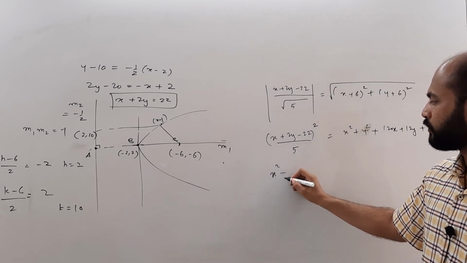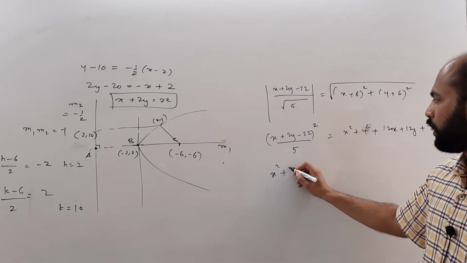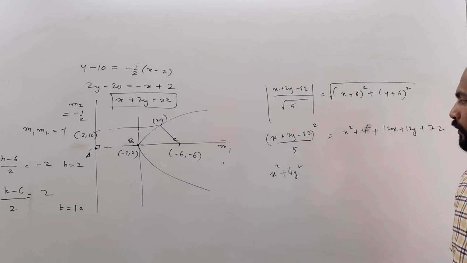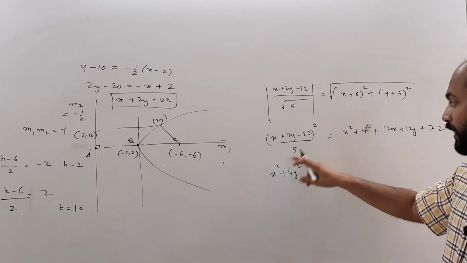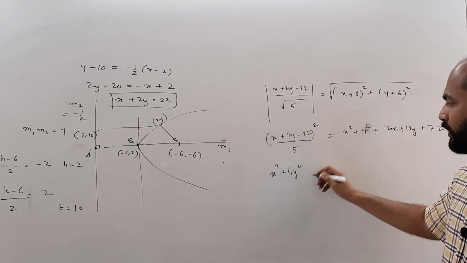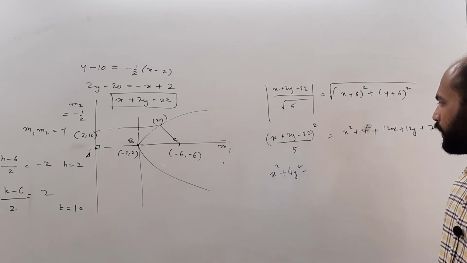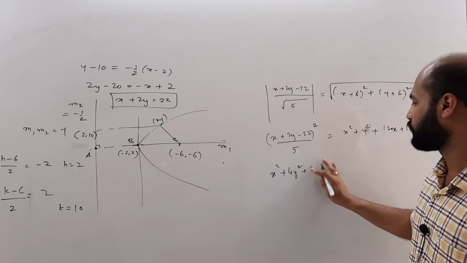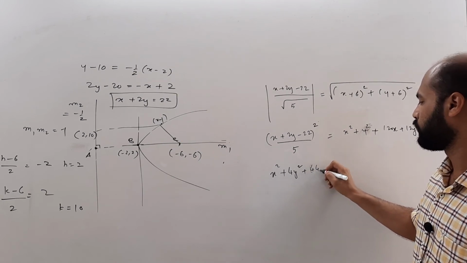X square plus 4y square. If I square this up, this is going to be x square plus a square plus b square plus c square, which is going to be then written as 22 square, that's 484.